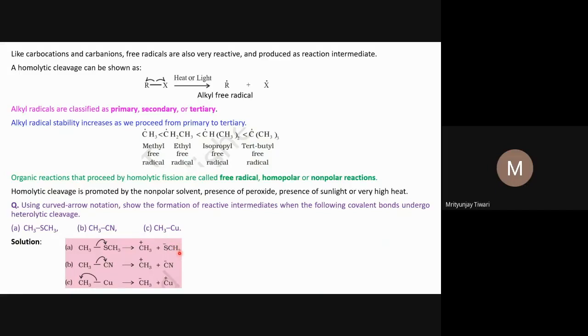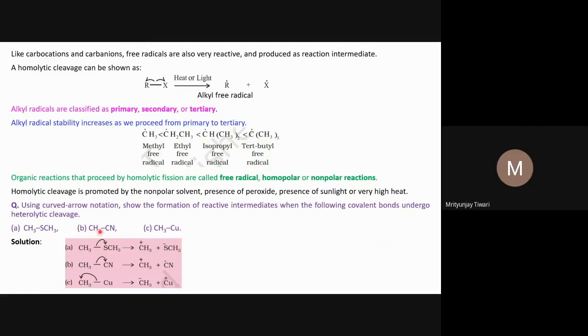It is a thiol, so you can say thiolate. So this is the species that is formed, and this is the carbocation. These are two intermediate species that will be formed because of the heterolytic cleavage of this bond.